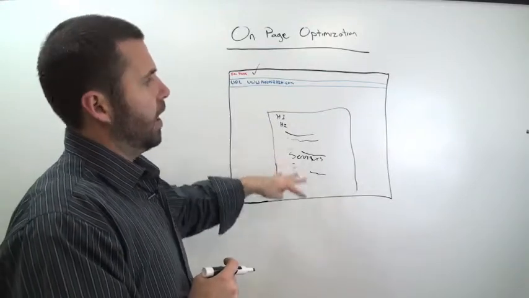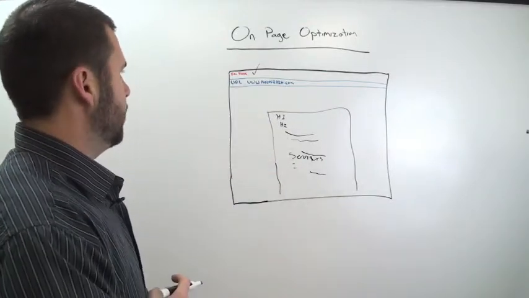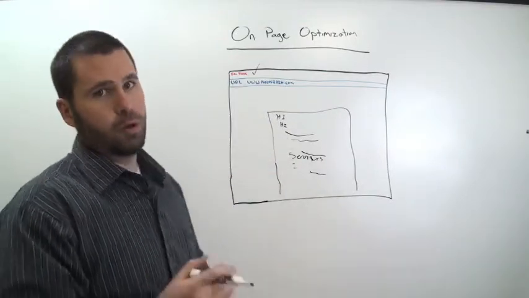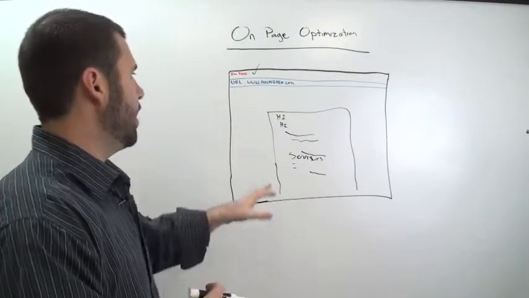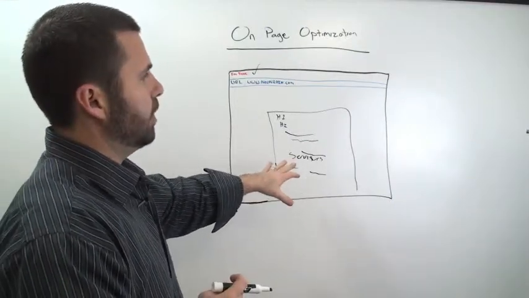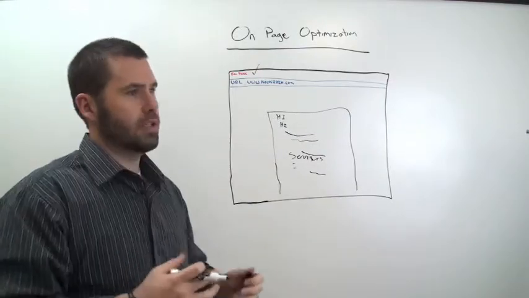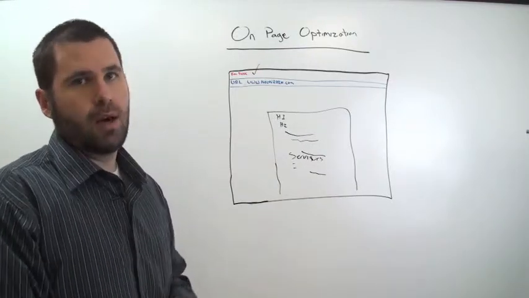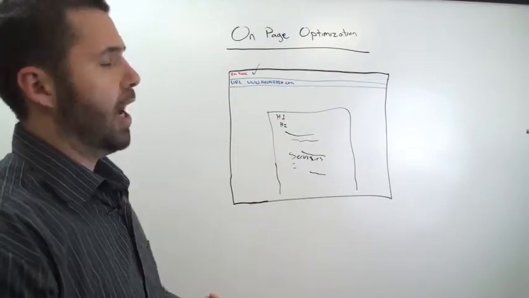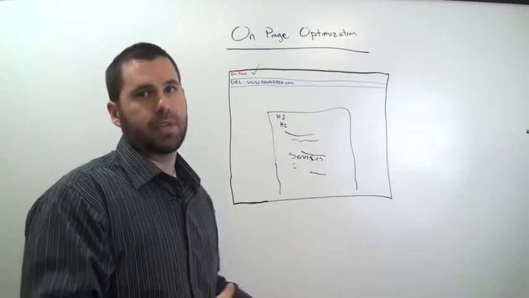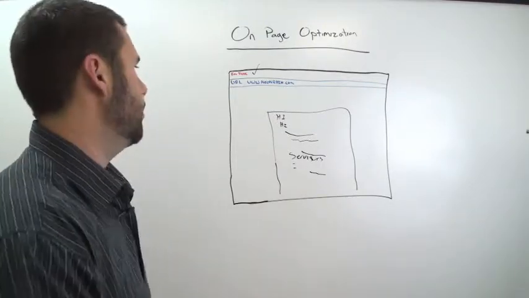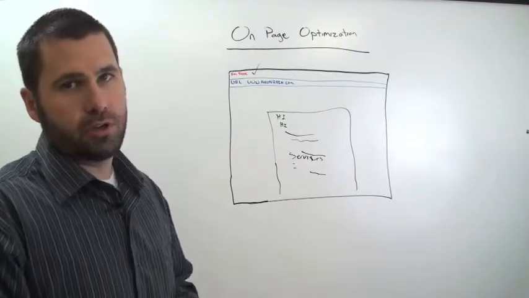Real quick, since we're on content, one of the things you want to make sure you don't have on your website is duplicate content. When you're developing your internal linking structure, you don't want to be using the same content on different pages, or copying content from other websites and putting it on your website. You want to make sure it's all original content.